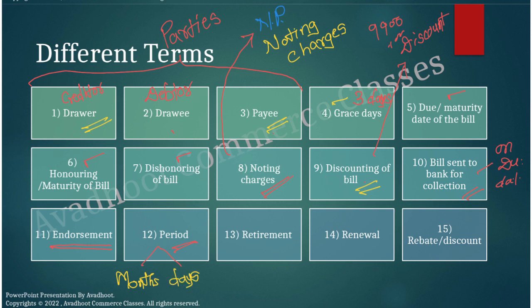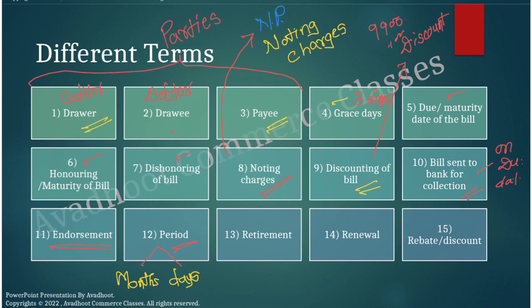If it is a month, 3 months, 2 months, that is the period of the bill within which the drawee has to make a payment to the drawer. The debtor has to make a payment to the creditor for getting that period of credit, because the creditor, that is the drawer, sold goods to the drawee on credit for a period of 90 days, 60 days, 45 days, or 2 months, whatever may be the case.